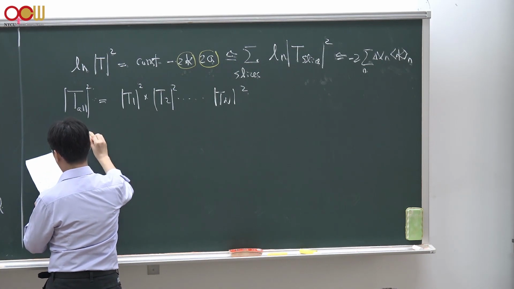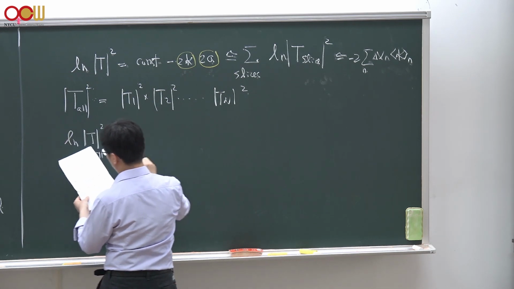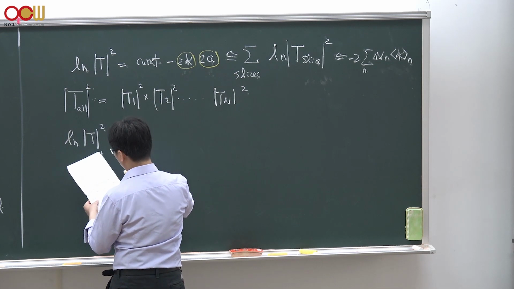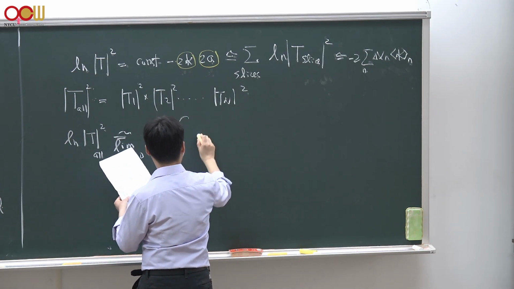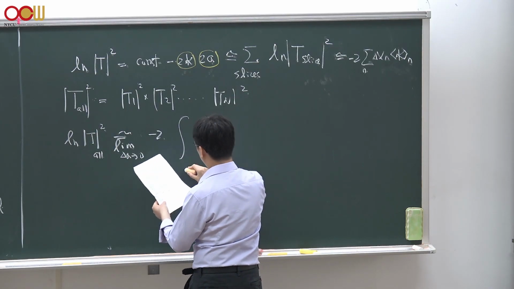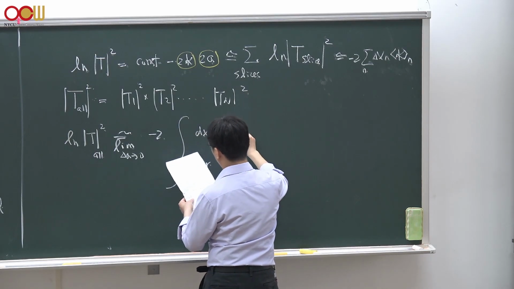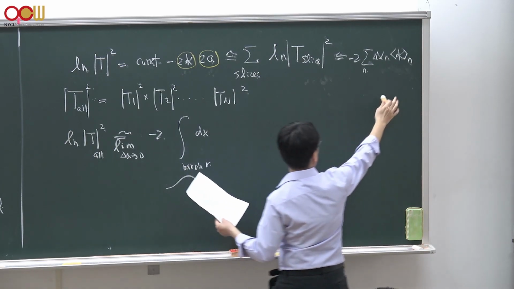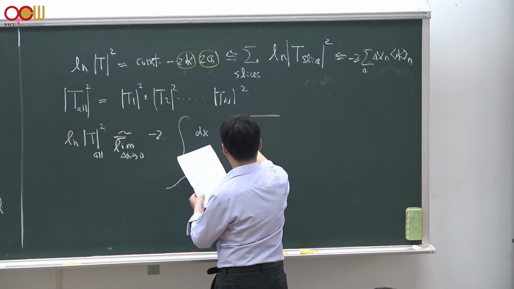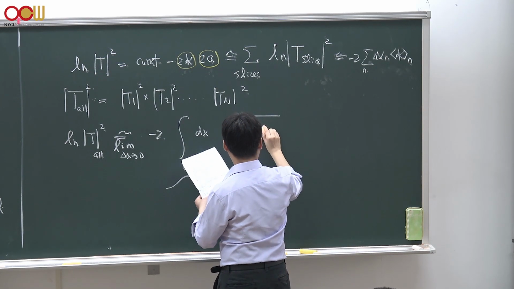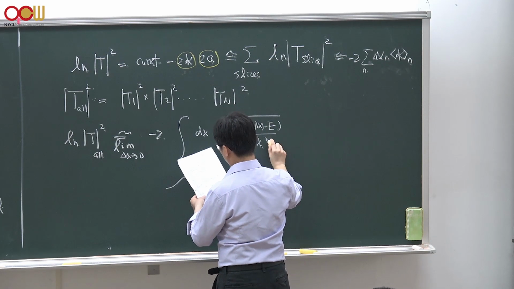So log of T squared, which is the total transmission in the small slice limit, is -2 times the integral over the barrier, which is the smoothly varying barrier, and the average value of kappa for each slice is given by the square root of 2m (V(x) minus E) divided by h bar squared.